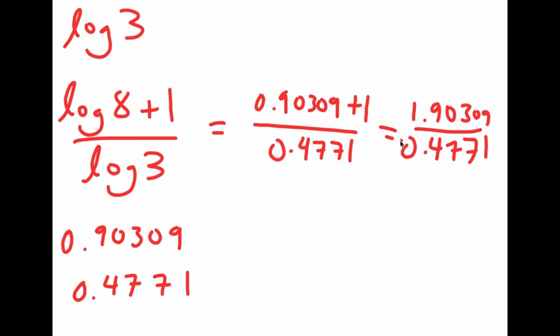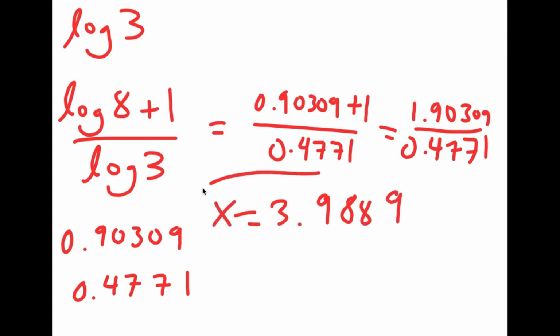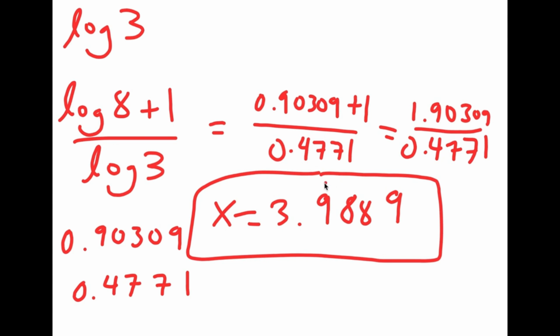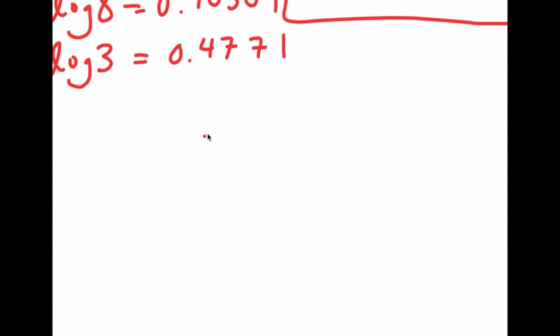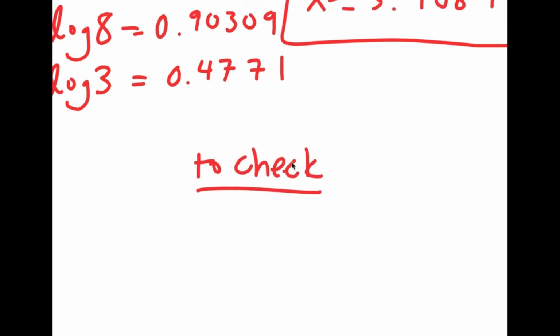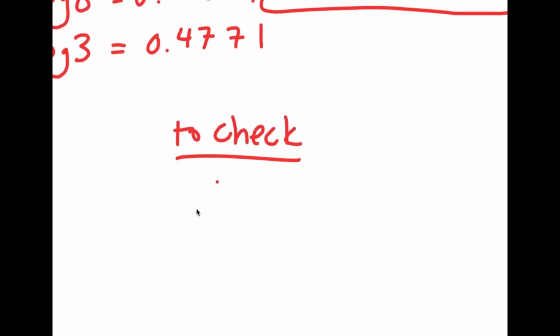Now 1.90309 over 0.4771 is equal to 3.9889. So x is equal to 3.9889. Now, the only thing left to do is to check if my solution here is correct.